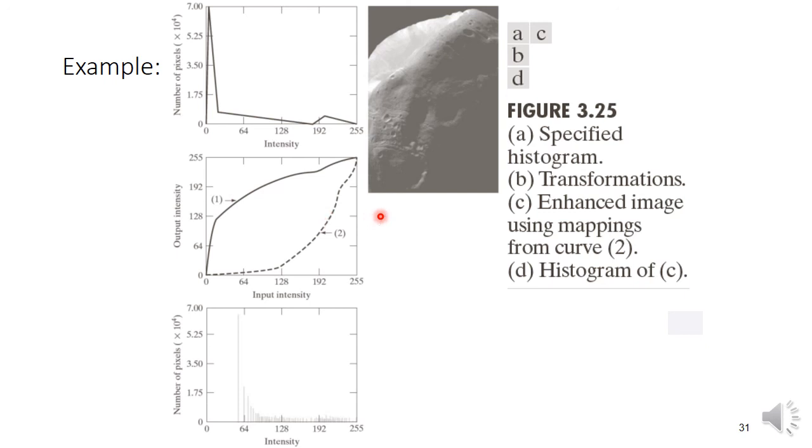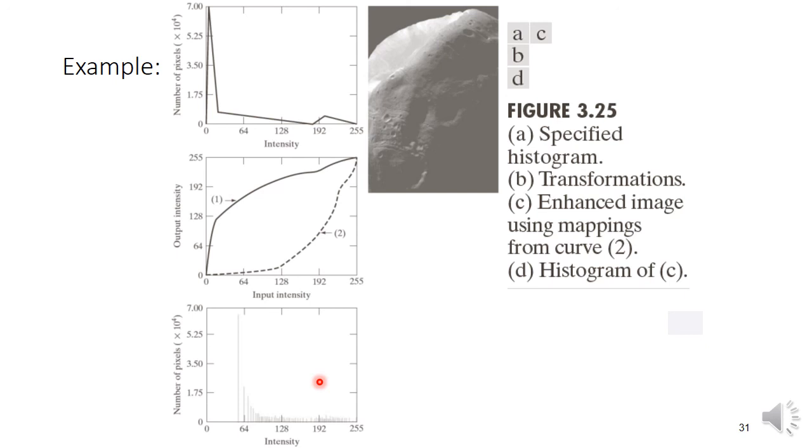And here is our image, which is part C of this figure, the enhanced image, and we have used curve number two for enhancing this image. And here again you will see the histogram of this image C. You can see that we have intensity values 0 to 255, and again the number of pixels on the y-axis of this part of the graph.